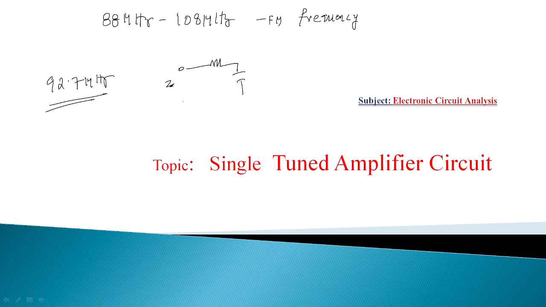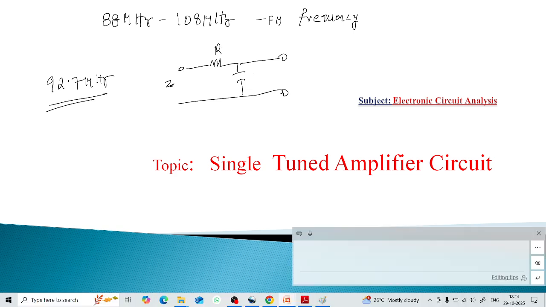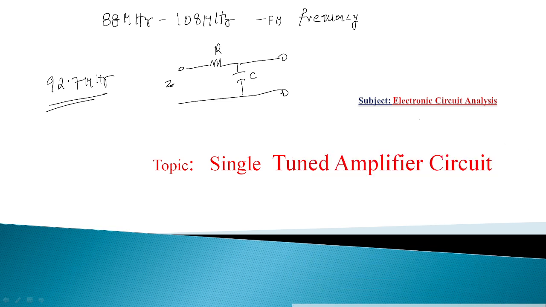Here this is R and this is capacitance, and the frequency is F equal to 1 by 2 pi RC. The frequency depends on R and C values, and the reactance for the circuit is XC equal to 1 by 2 pi FC.